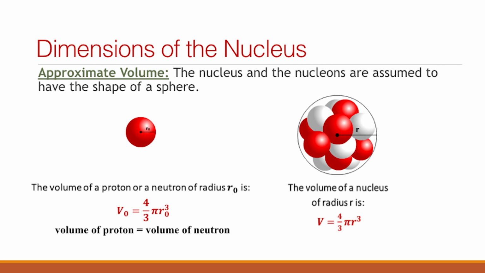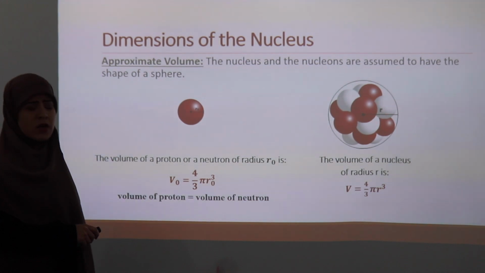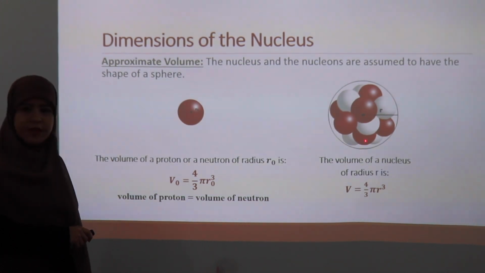In this slide, we are going to explain the dimensions of the nucleus. The nucleus and protons and neutrons have the shape of a sphere. As you can see here, this is the shape of the proton or neutron. It has the shape of a sphere. Also, here is the shape of the nucleus, which has approximately the shape of a sphere.